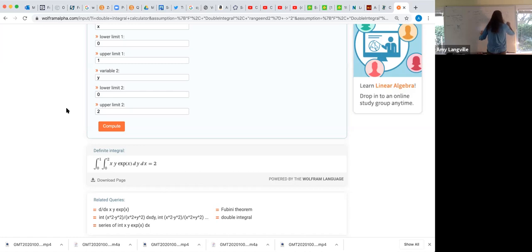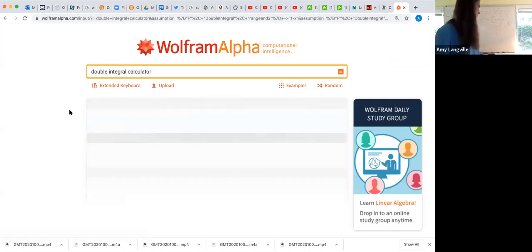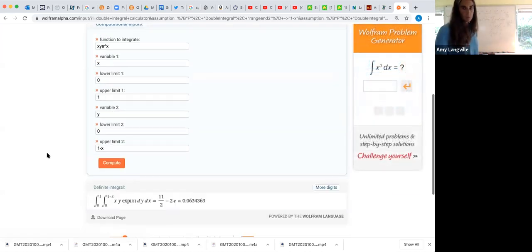And we defined that, we said x was between 0 and 1, but y was between 0 and the line 1 minus x. Well, you can put variable limits of integration in this. So y goes from 0 to 1 minus x. Let's see. And it can do most of these. Sometimes it'll come back and not be able to compute it.